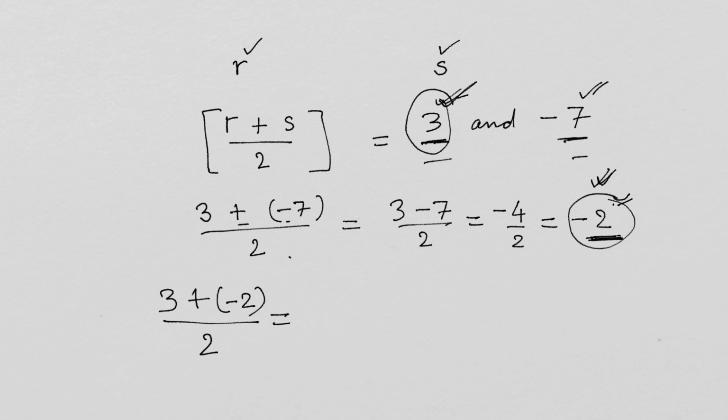So here it will become 3 minus 2 divided by 2, which is 1 by 2. So 1 by 2 is the new number. By this method, we found two rational numbers between 3 and -7. One is -2 and the other number is 1 by 2.